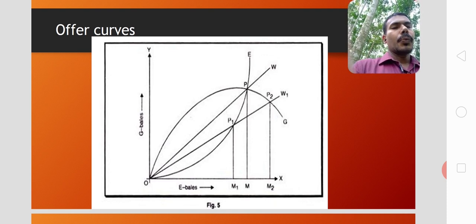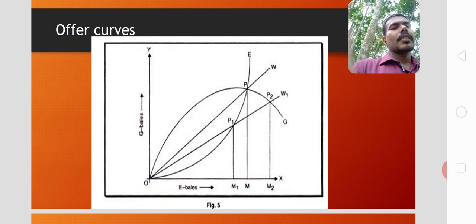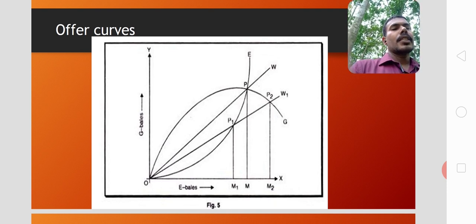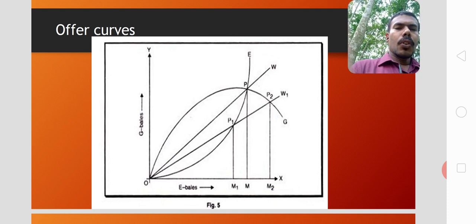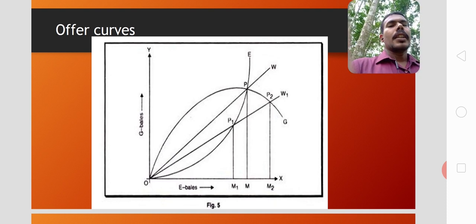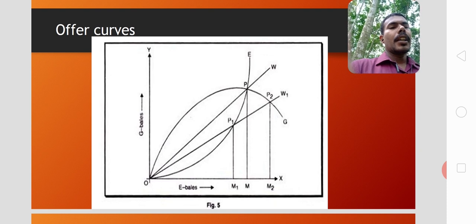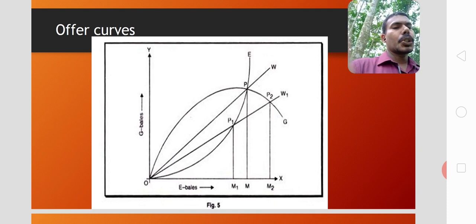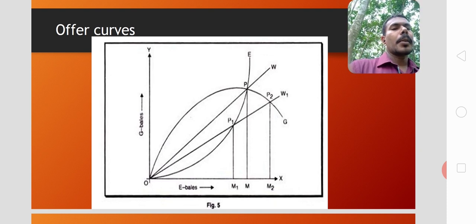And when the point is P1 and P2, then terms of trade is not in equilibrium for both nations. So at P1, the quantity exported, the y axis shows the import commodity by India, the x axis shows the export commodities by India.